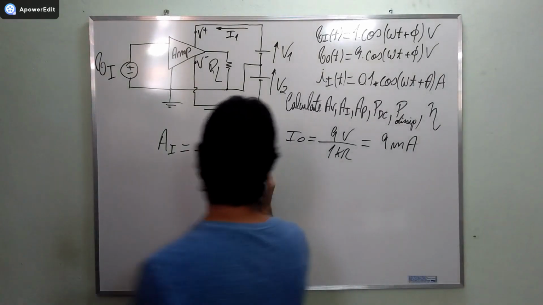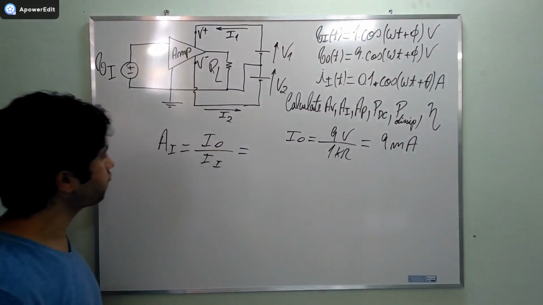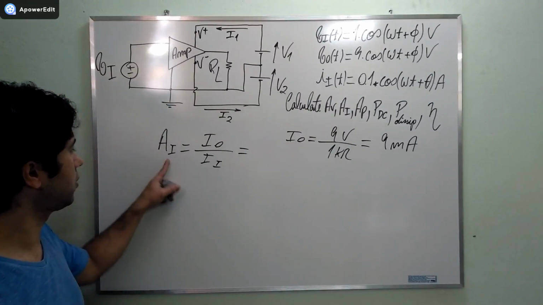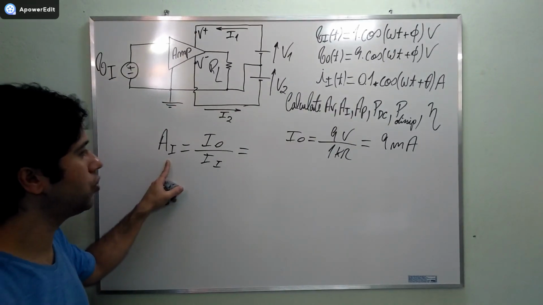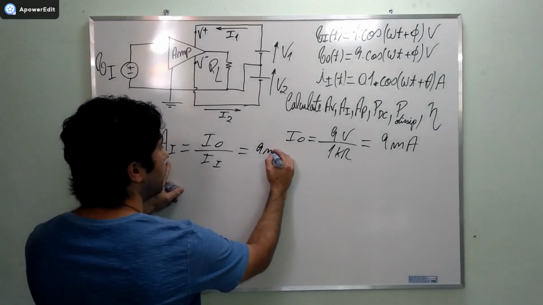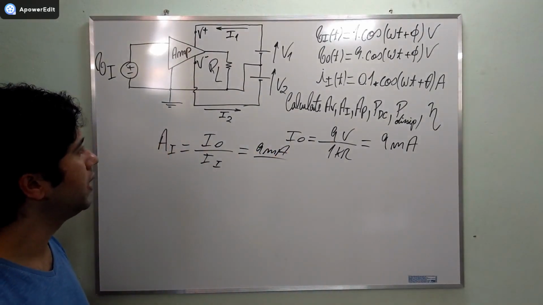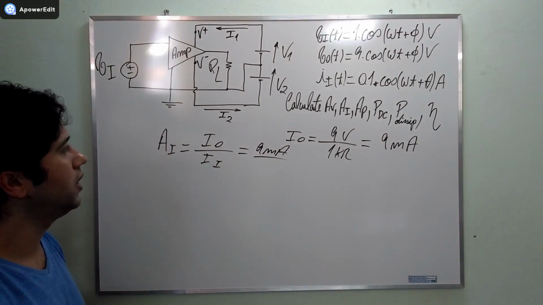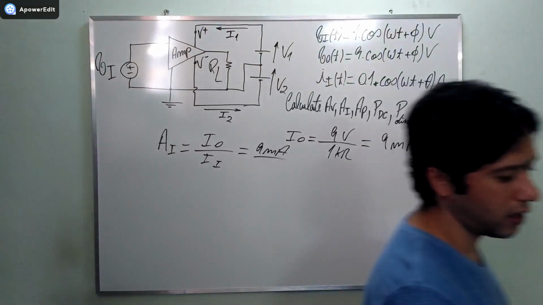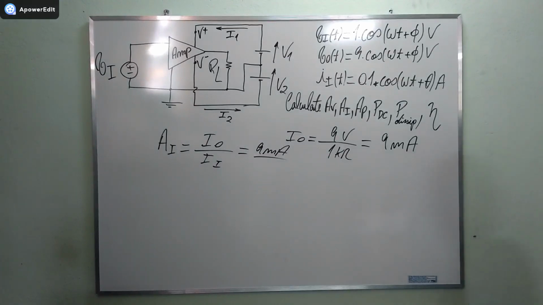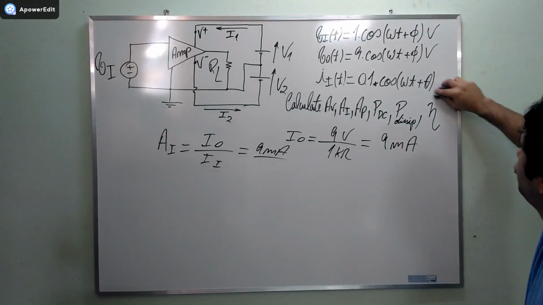So here the current gain is going to be equal to 9 milliamperes, and we are going to divide it by the current that was given to us. Here I made a mistake, sorry.